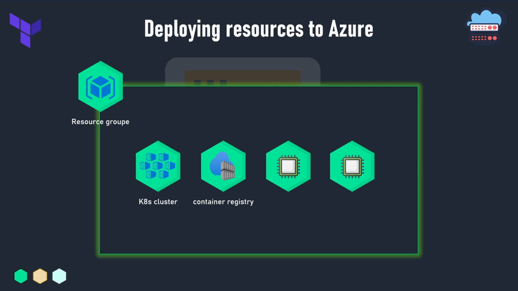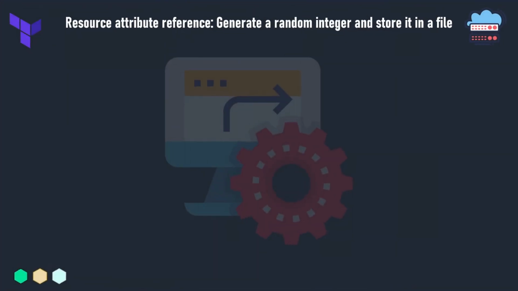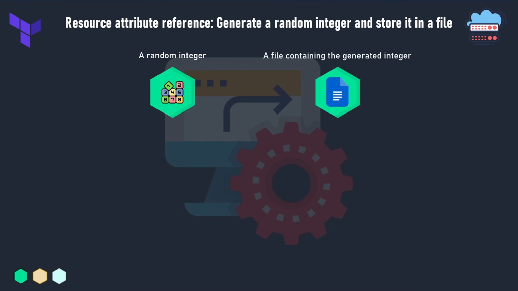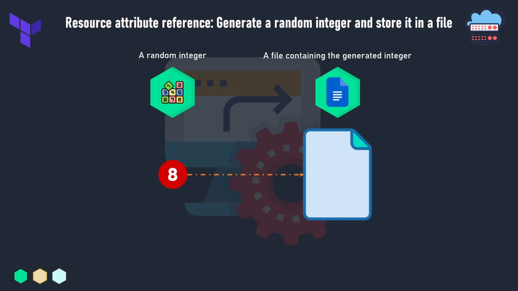Let's say that we want to create two resources with Terraform, a random integer and a local file. We want Terraform first of all to generate a random integer using the random provider and then store the generated integer in a file called count.txt.